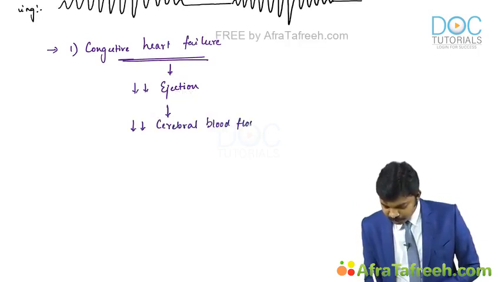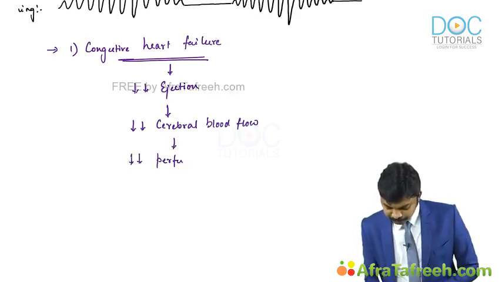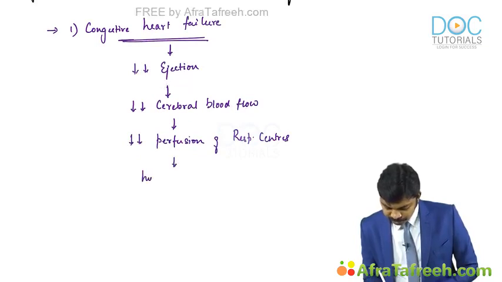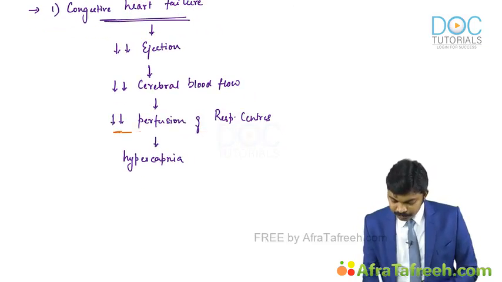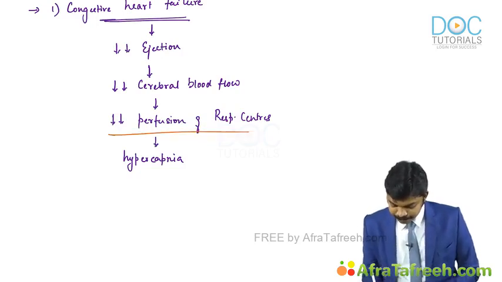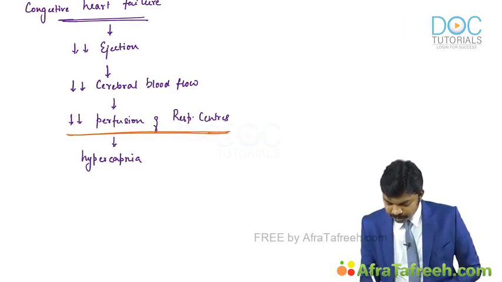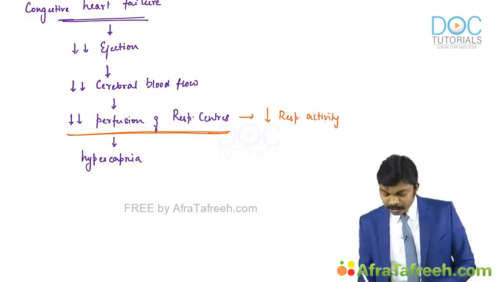When cerebral blood flow becomes lesser, there is decreased perfusion of respiratory centers, leading to gradual accumulation of hypercapnia. Because respiratory centers, doctors, are being inhibited by decreased perfusion, this leads to decreased respiratory activity.